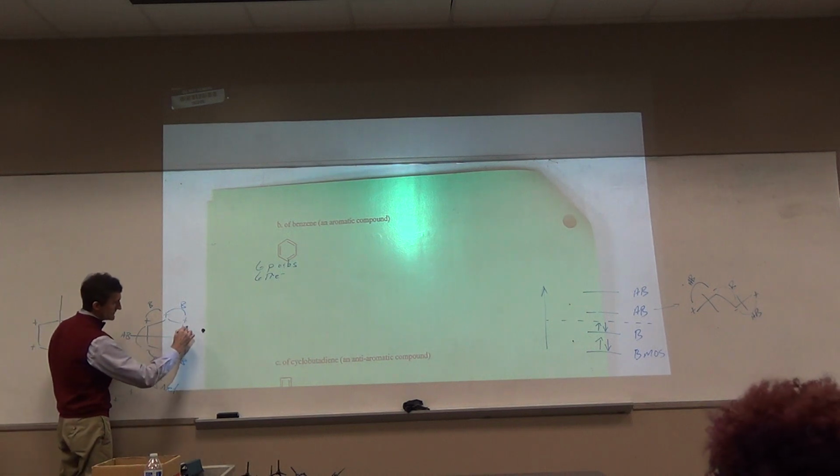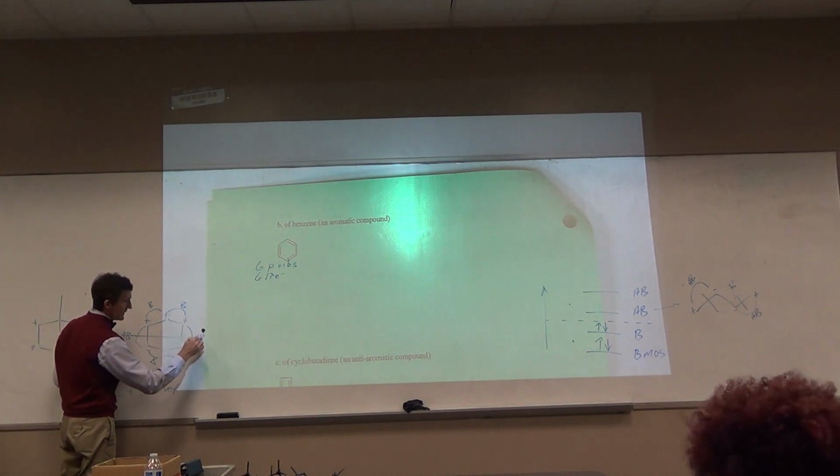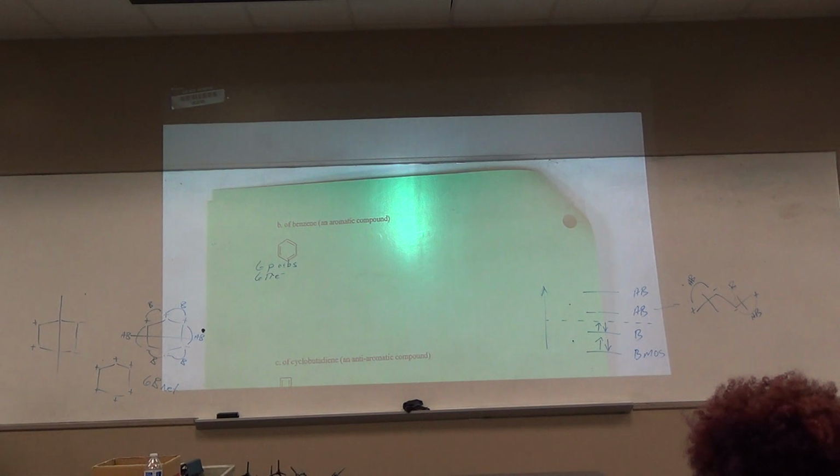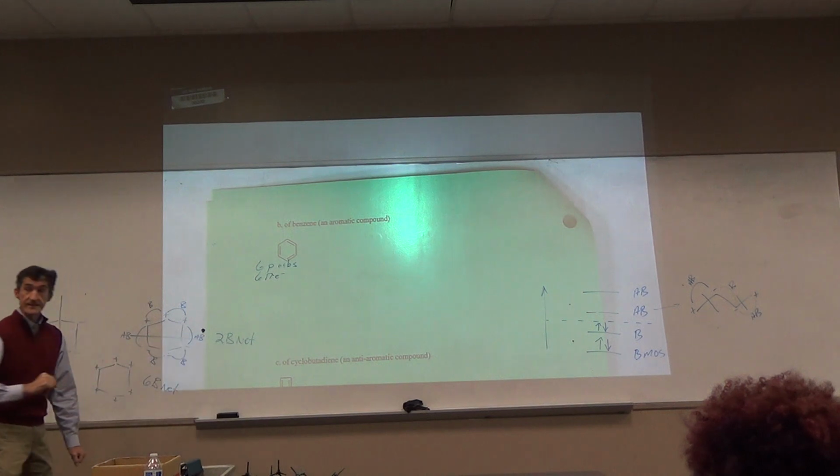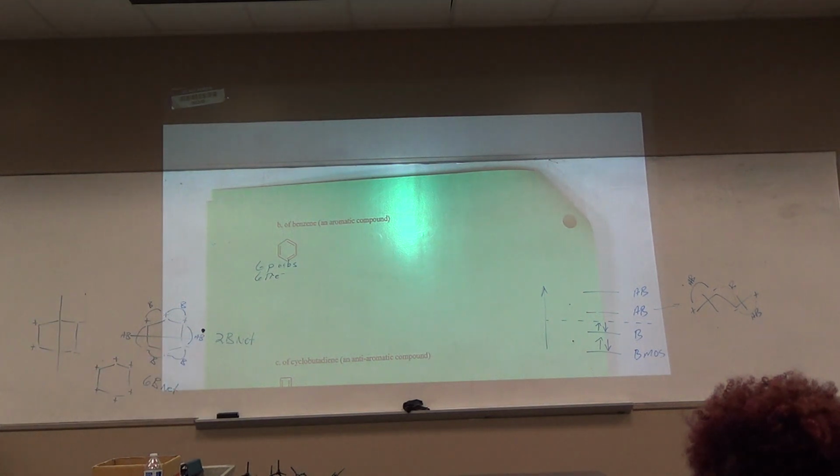Antibonding. And what is this? Antibonding. What's the net here? 2 bonding net. It's still a bonding molecular orbital, but it's not as good as the 6 bonding net, so it's higher in energy. What's the net over here? 2 bonding net.